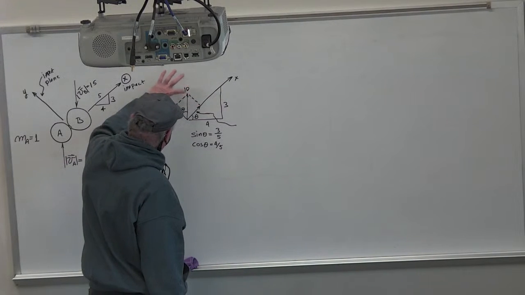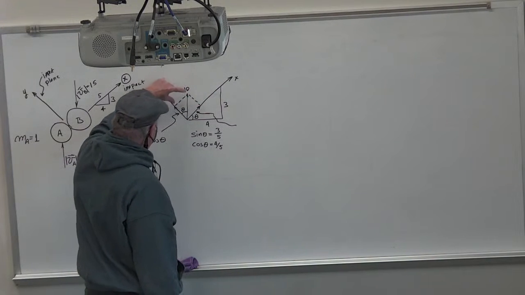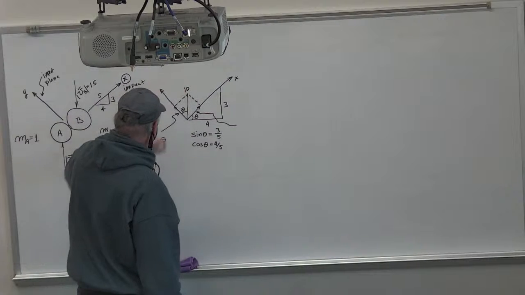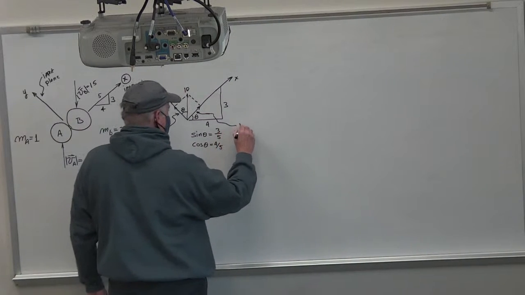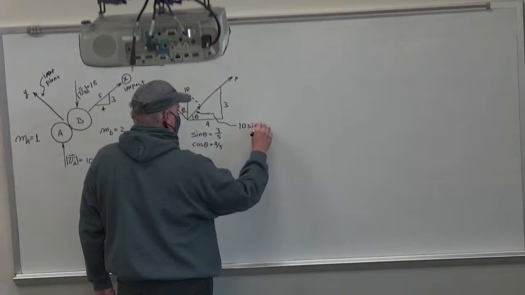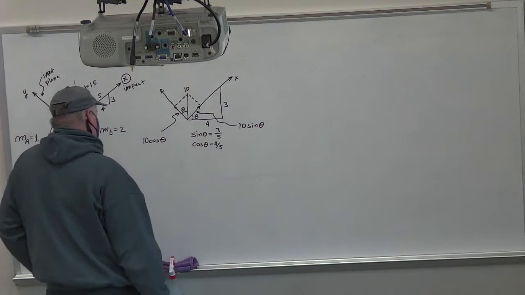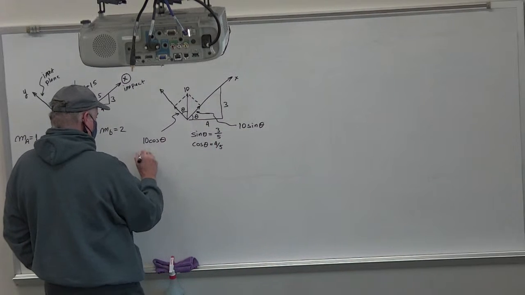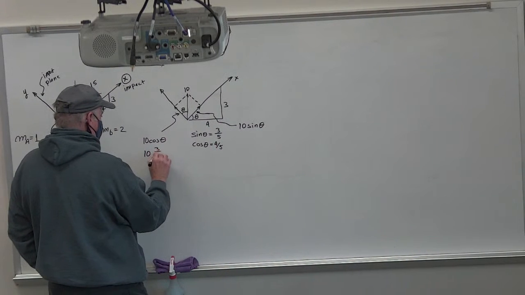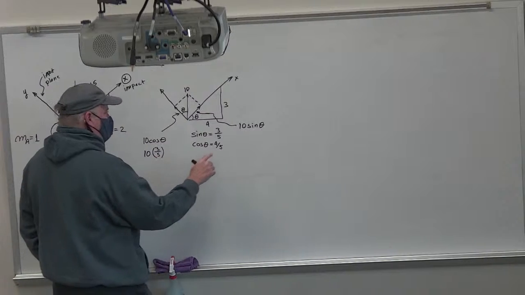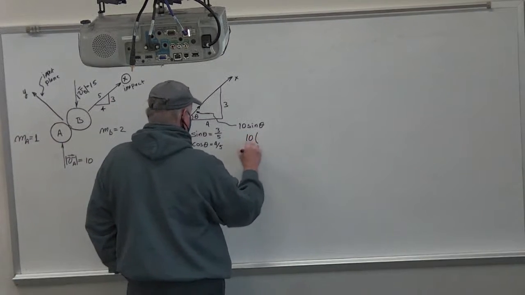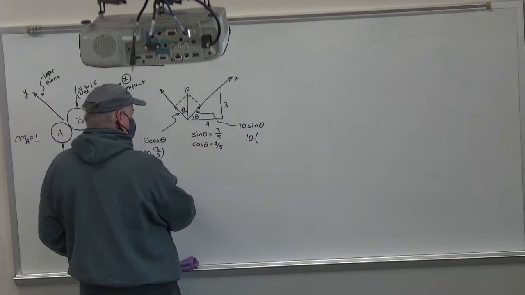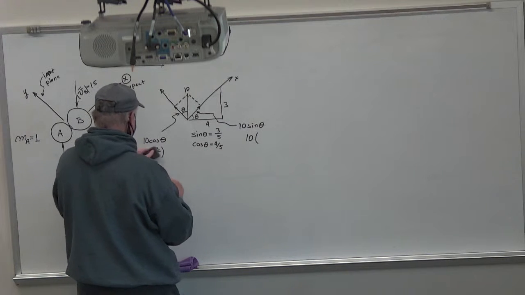This one is the same one over here. So this one would be 10 sine theta. Now I can take this and say 10 times 3/5, and I can take this one and say 10, I'm sorry, that should be 4/5.